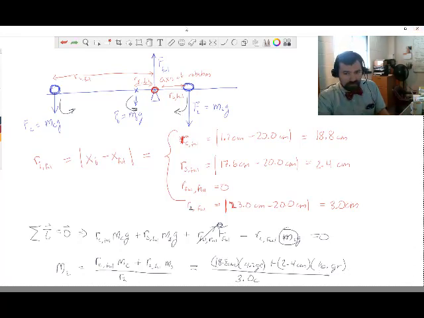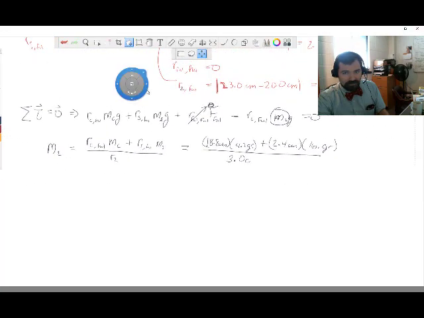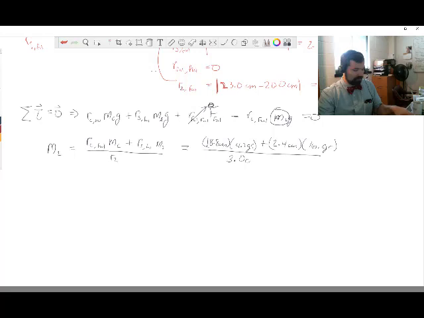Okay, so plug everything into the calculator. What you end up with is 18.8 times 4.2 plus 2.4 times 16 divided by 3.